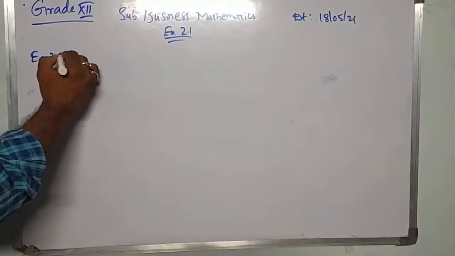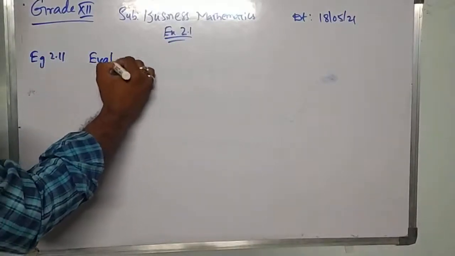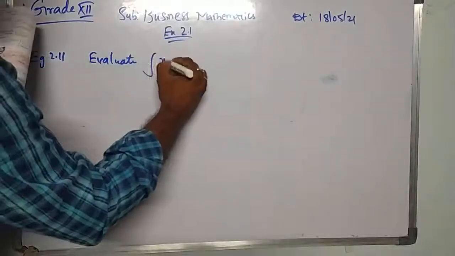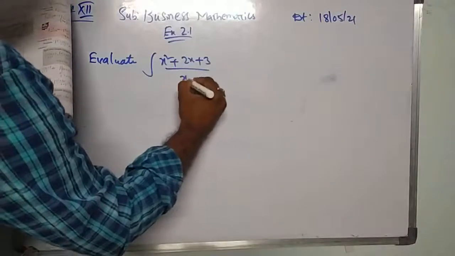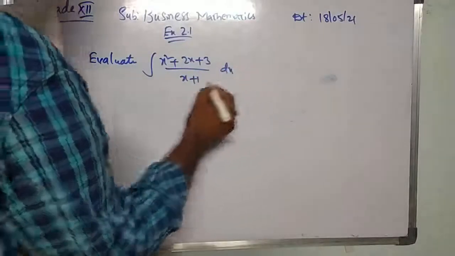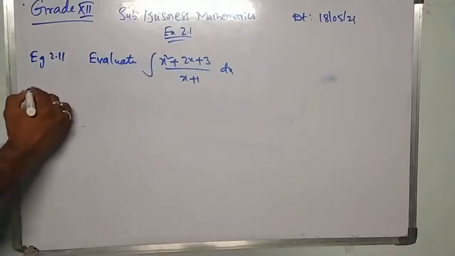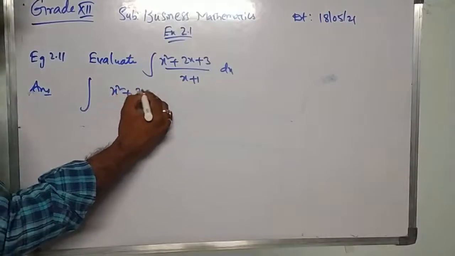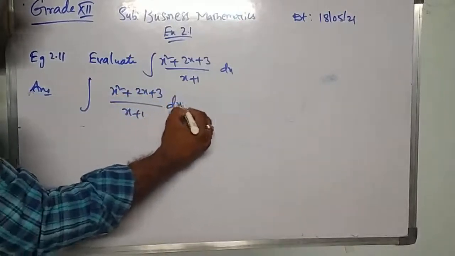Next, let us see 2.11, another question. Example 2.11. Evaluate integral x square plus 2x plus 3 divided by x plus 1 dx. Answer: integral x square plus 2x plus 3 by x plus 1 into dx.